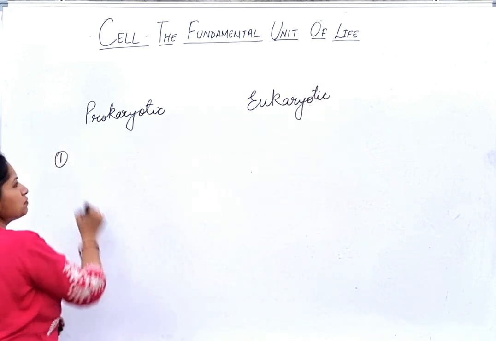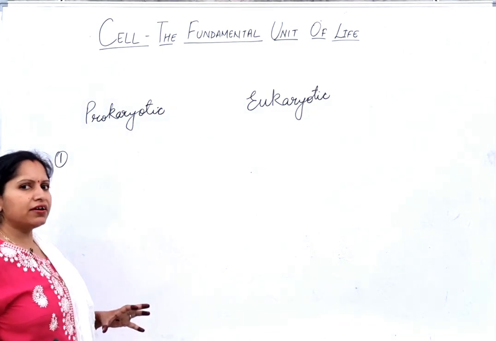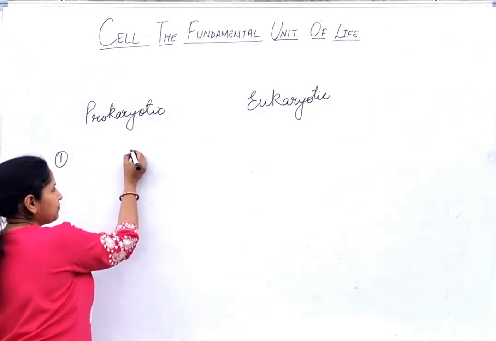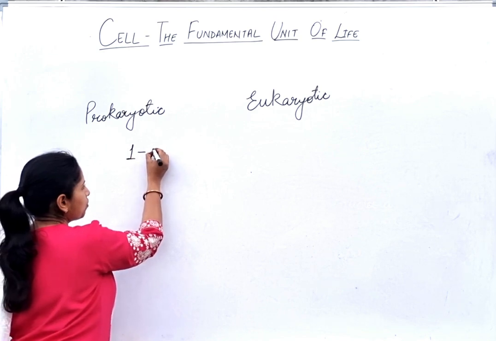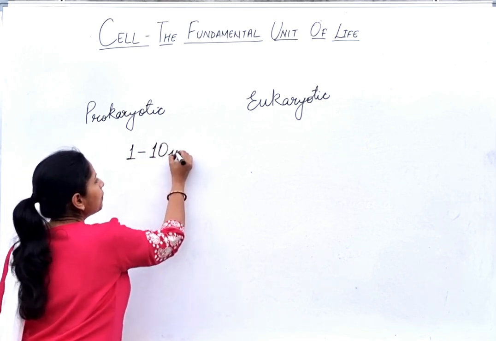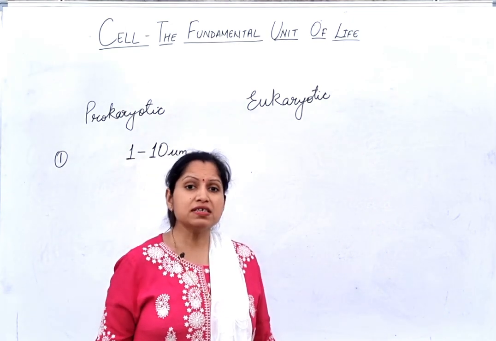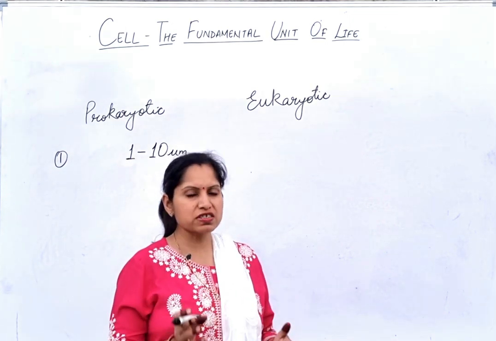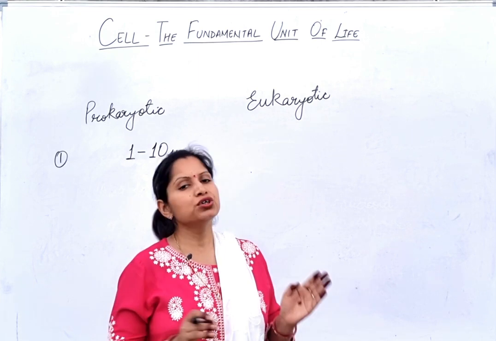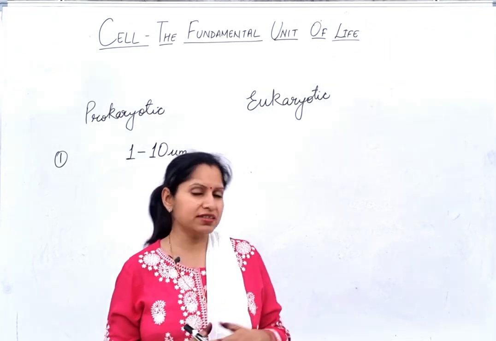The first point is about the size. The prokaryotic cell has a very small size, usually approximately between 1 micrometer and 10 micrometer.